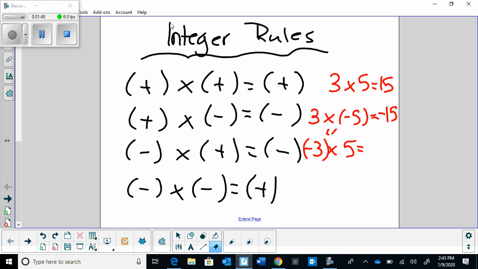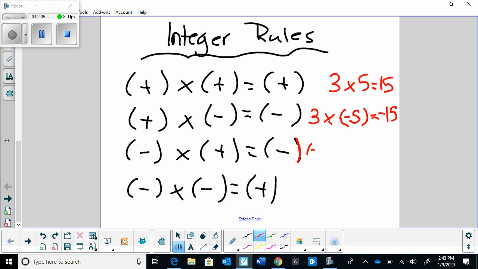I could have changed this and said that this was negative 5 times positive 3. They mean the exact same thing. It'll always be the same value. So we know multiplication can be switched around. The numbers can be switched around. The sign can be switched around. It's just a pattern that we have.